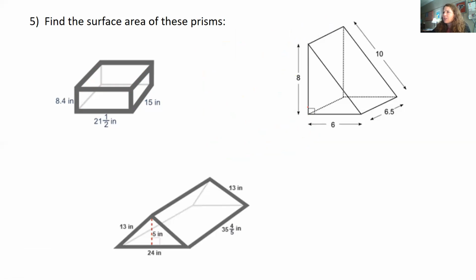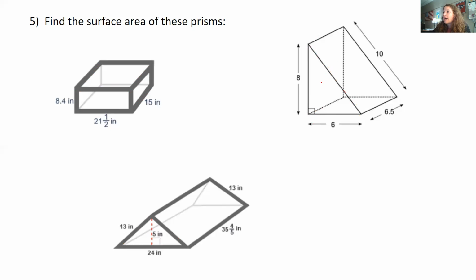For my right triangle, my dimensions are 8 by 6, but this one at the bottom is not a right triangle, so I have to use the height of 5 by 24. We're always looking for those right angles to figure out the dimensions of the triangle. So this triangle has this length of 10, but that's not my base or my height of my triangle. I have to look for a right triangle.